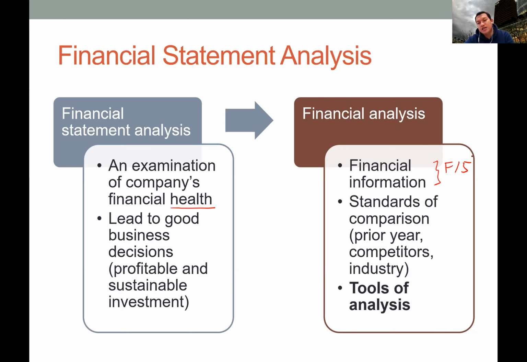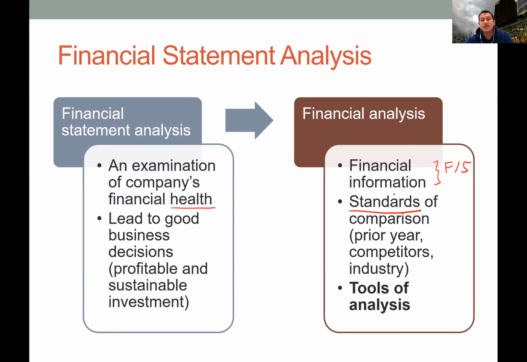After that we need the standard, or the benchmark, to compare with this information. We need a benchmark as our guideline to infer whether this is good or bad performance, efficient or not efficient.